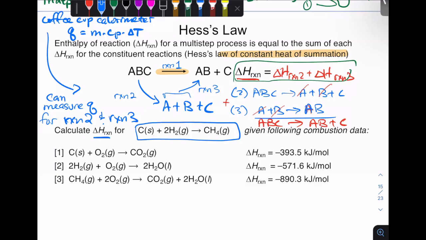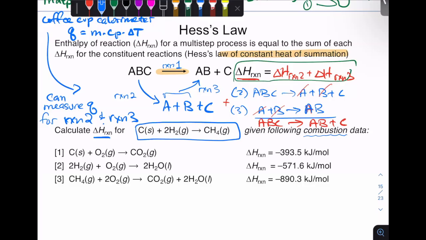But we do have all of this combustion data. Now, you remember combustion. That's where you take something and you mix it with molecular oxygen. And the products that you get out of it typically are carbon dioxide and H2O, depending on what you're combusting. In reaction 1, we're combusting carbon, so all we're going to make is carbon dioxide. In equation 2, we're combusting hydrogen gas, so all we're going to make is H2O.